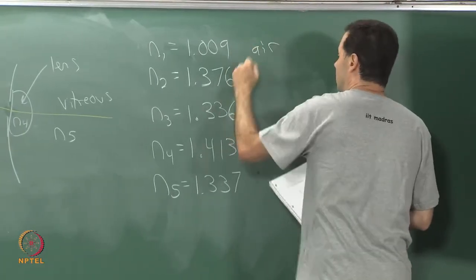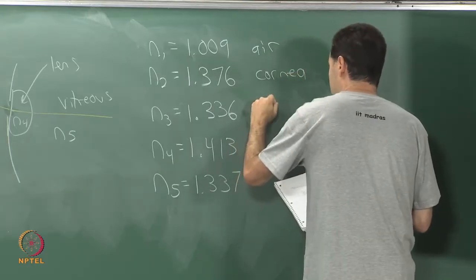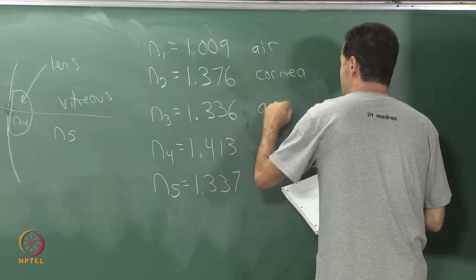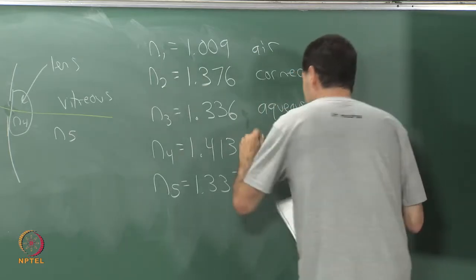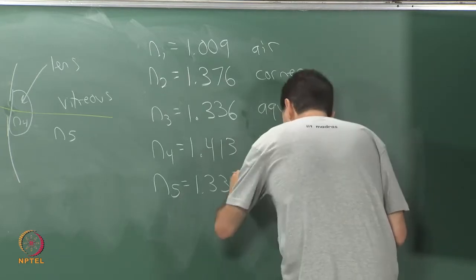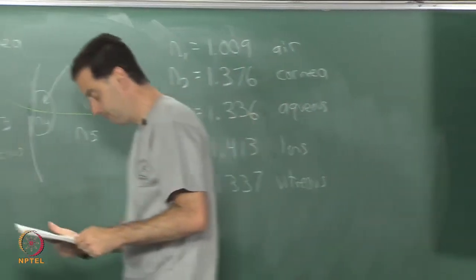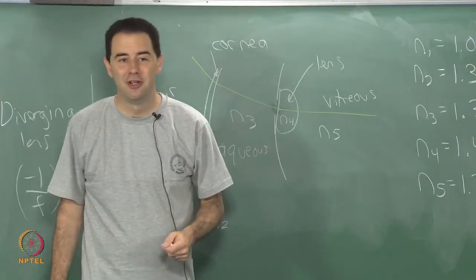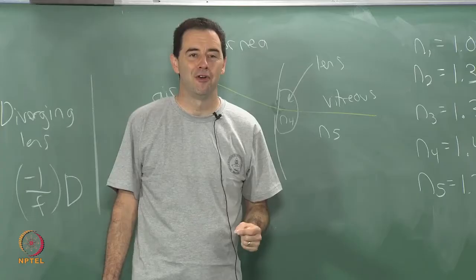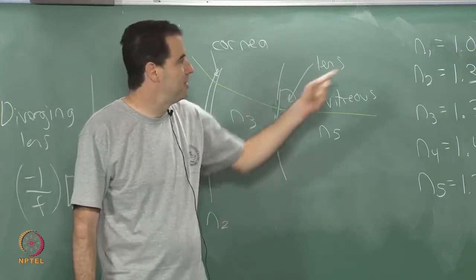So air, cornea, aqueous, lens, and vitreous. Notice where the biggest transition occurs. Where's that at? So air to cornea. So actually the optical power, the convergence power that's greatest in your optical system is at the cornea.